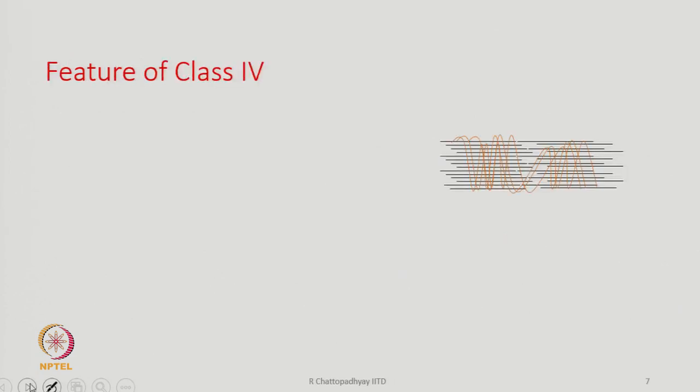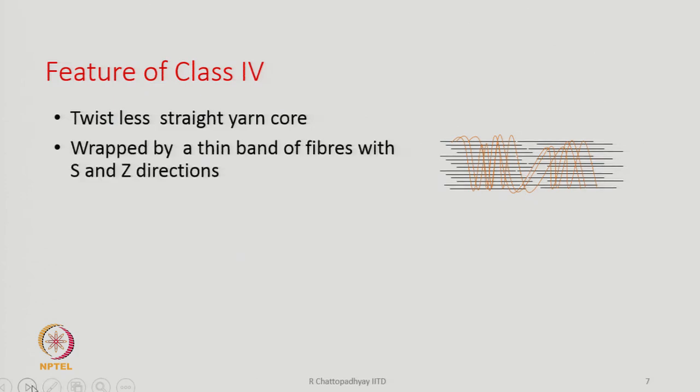And there is another class 4 also, where some wrapping can be seen, where we find the wrappings are quite haphazard. So, a twistless straight yarn core is there, but in the wrapping part, if we focus on it, we will find that a thin band of fibers is wrapping it, but the twist direction is changing.